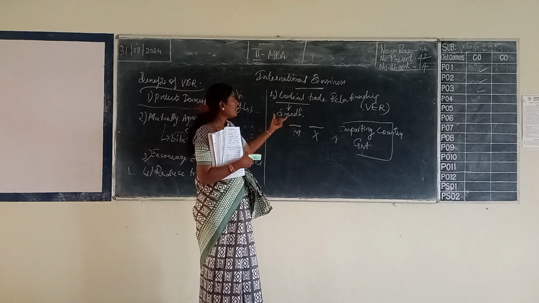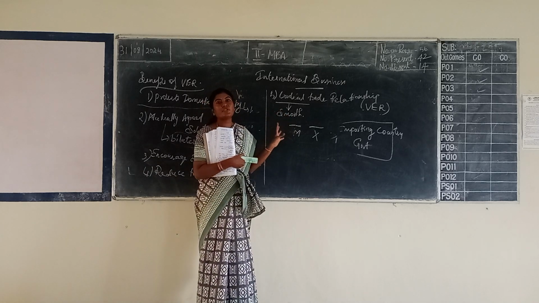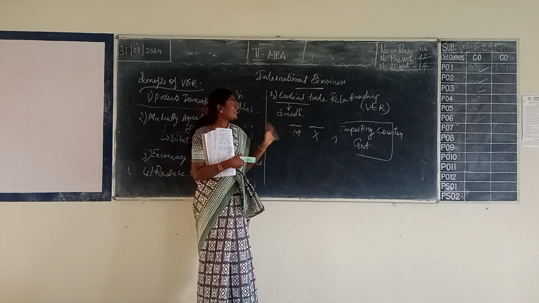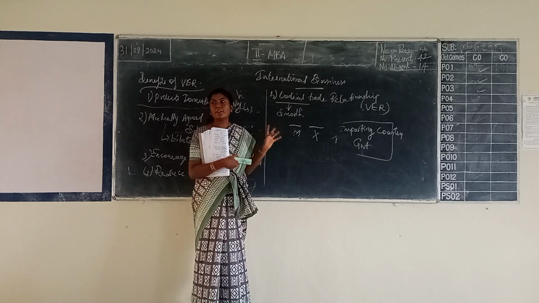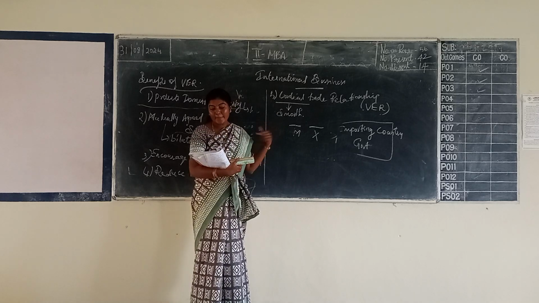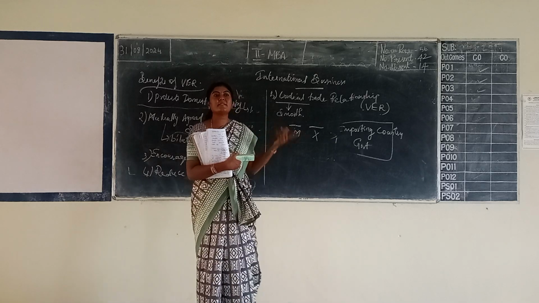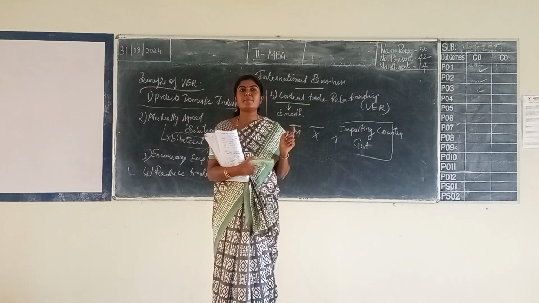Okay, so they have a mutually agreed relationship. So the possibilities of fights and arguments between them are reduced. Okay, so these are the benefits of VER. What are the benefits we have seen so far?